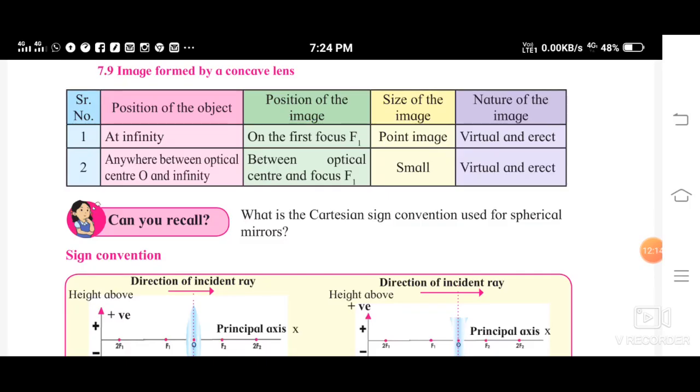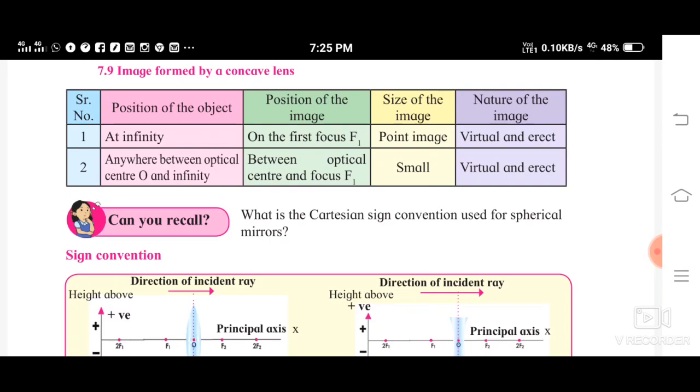So students, I am sure you must have understood this by seeing the video clip, isn't it? How the images are formed by a concave lens. When the object is placed at infinity, the image is formed at the focus F1, isn't it? And the size of the image is very, very small, almost point size. Then what is the nature of the image? Virtual and erect.